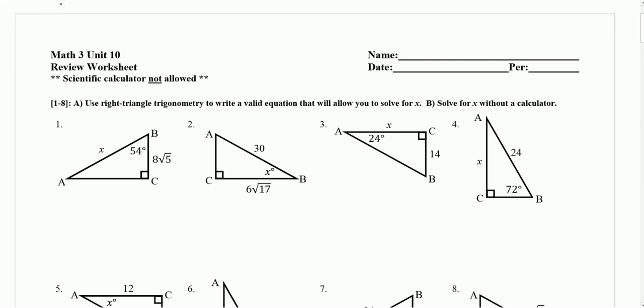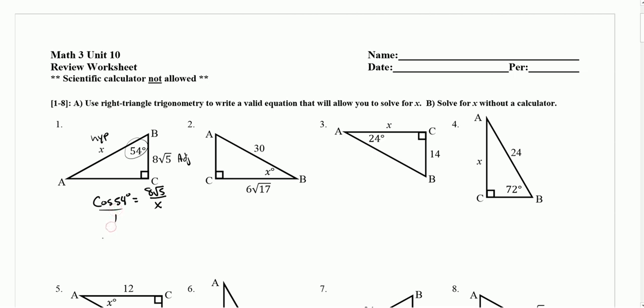So part A says use right triangle trigonometry to write a valid equation that will allow you to solve for x. And then solve for x without a calculator. So 54 is our reference angle, this is the hypotenuse, this is the adjacent side, and so the cosine of 54 would be the adjacent over the hypotenuse.